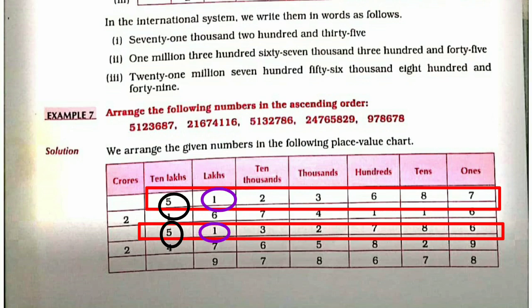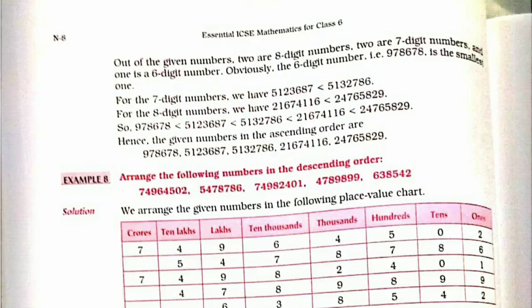Now in the 10,000 place, one has 2 and the other has 3. So it is clear that this number is bigger. Like this we will compare and then write in ascending order. Here you can see the required answer is this.